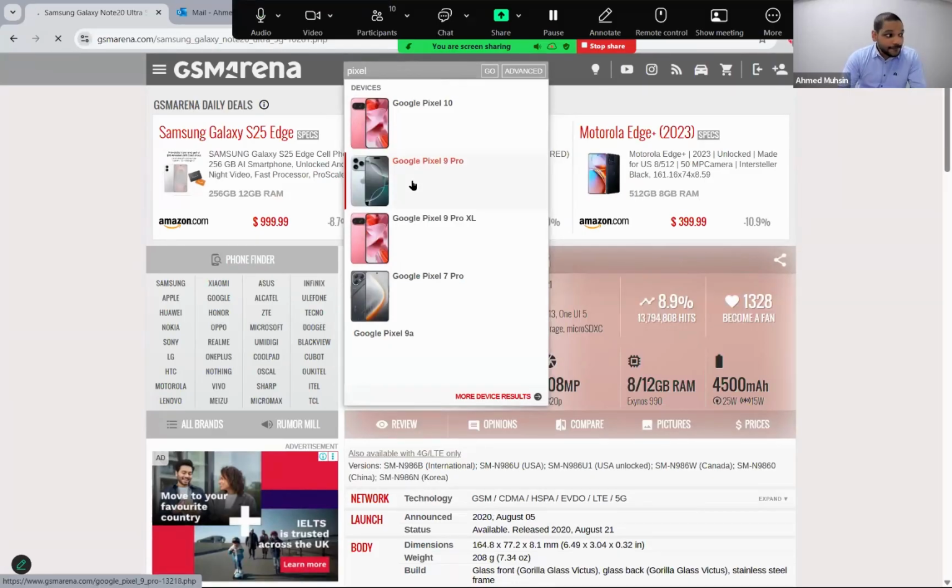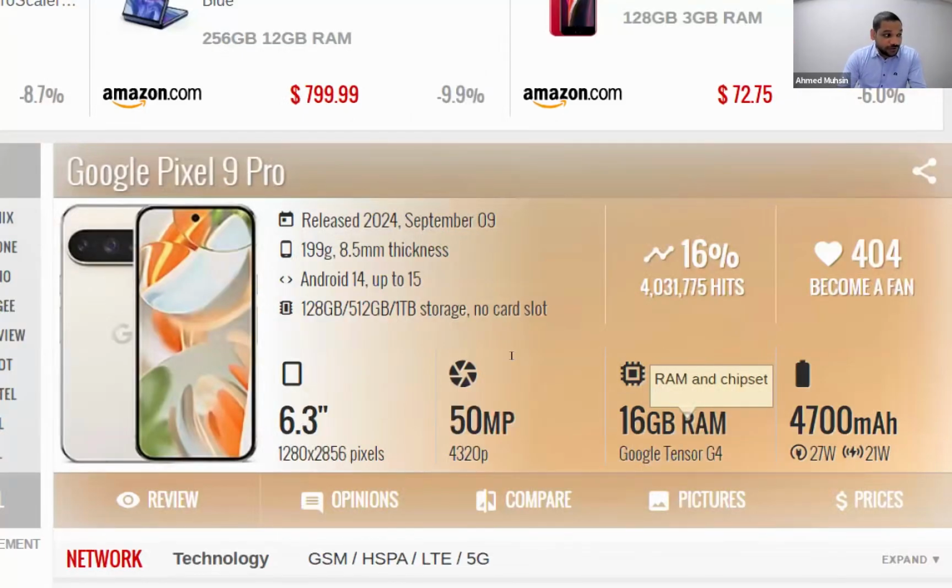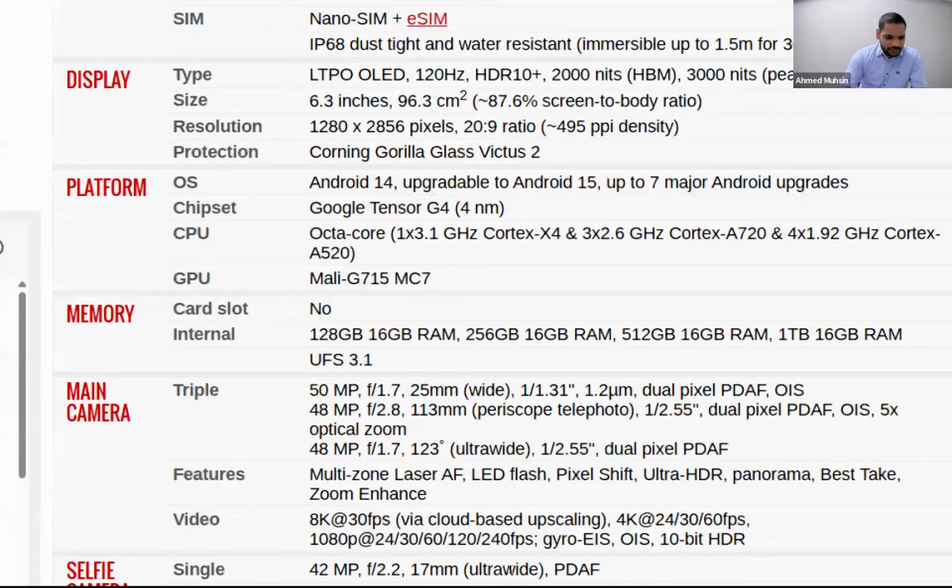Okay, so guys, check this out. It's not only the processor, the RAM, the storage, and the operating system all have to work. Sorry, this is the wrong one. Which one did I take? The 9 Pro is not using it.